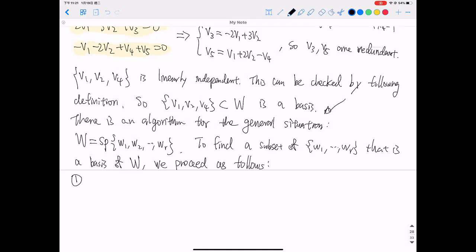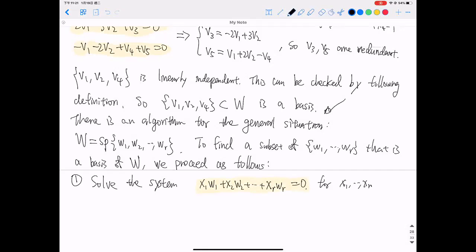Step 1, solve the system. Again, the main idea is you're going to have to consider linear combinations of the w's equaling 0. You're going to solve the system using the method that we've described.